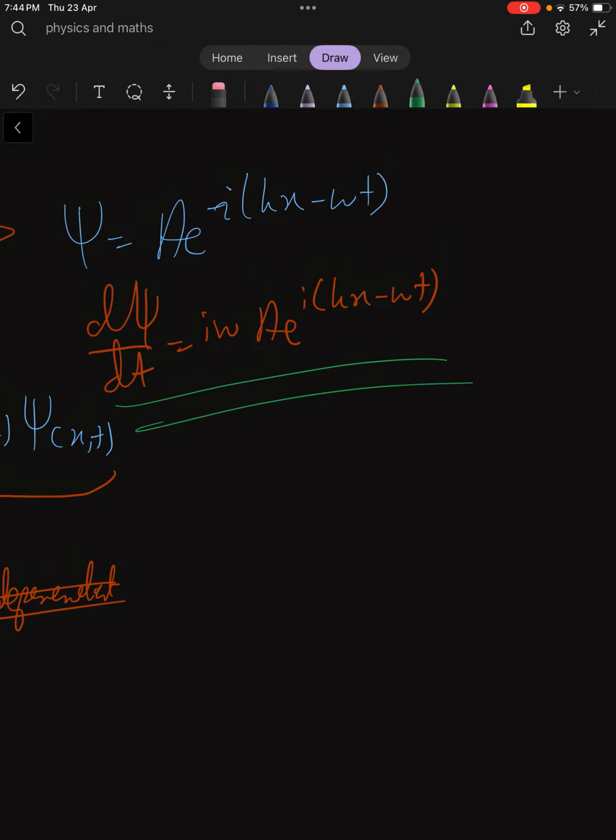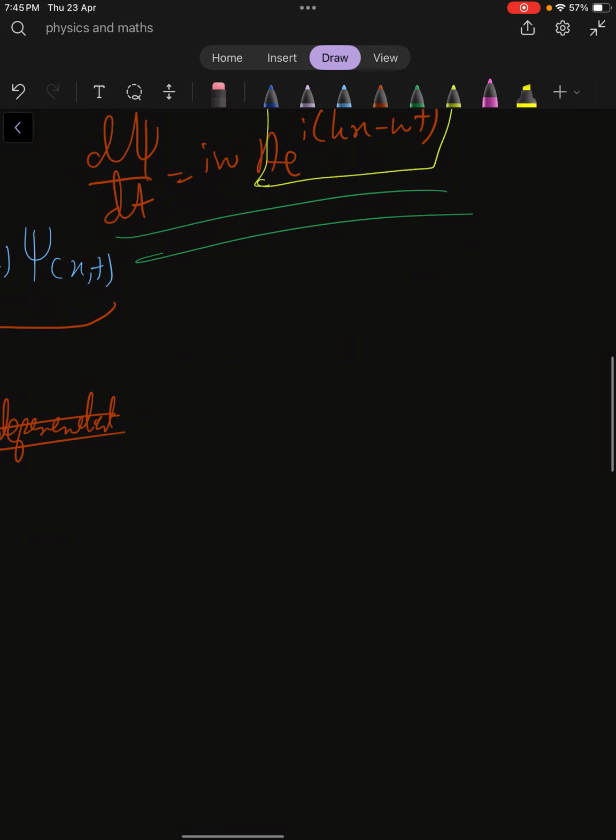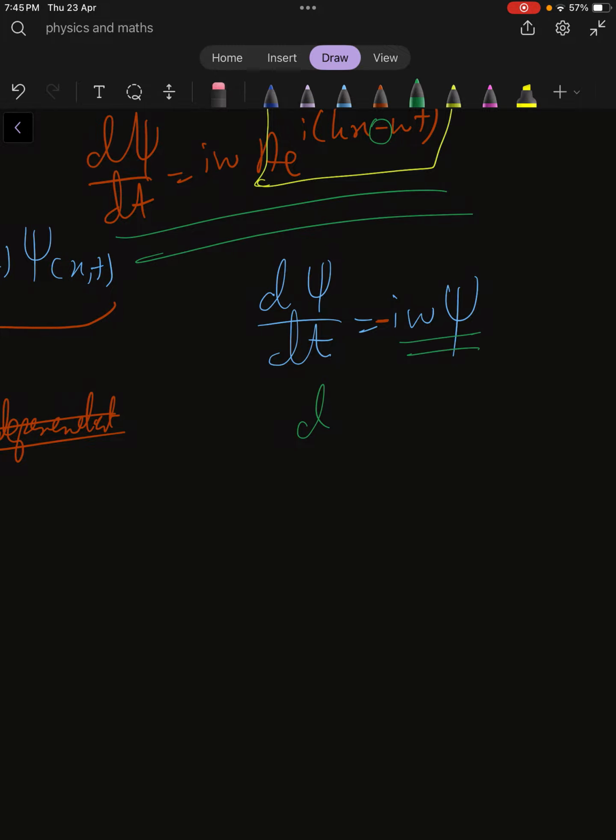Now we will only look at omega. We will only do the first derivative, as this is the only requirement for the time dependent equation. So d psi by dt is i omega psi, and then replace this and this. Don't forget this negative sign, which I forgot actually. Then you make this the subject.